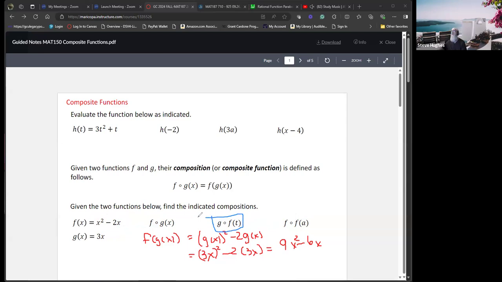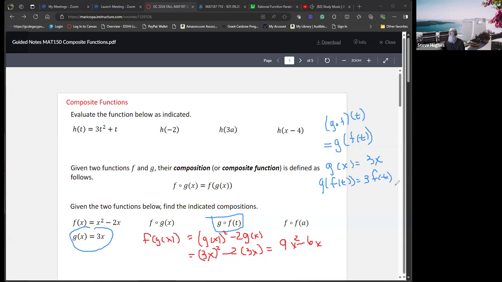All right, so let's make ourselves a note of what that even means, okay? G composite f of t is equal to g of f of t. What does that mean? That means for every x right here, every x in g of x, I'm going to put f of t. So if I know that g of x is equal to 3x, then I know that g of f of t is equal to 3 times f of t, right?